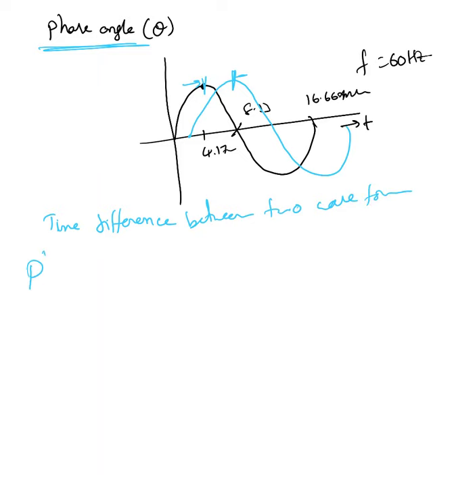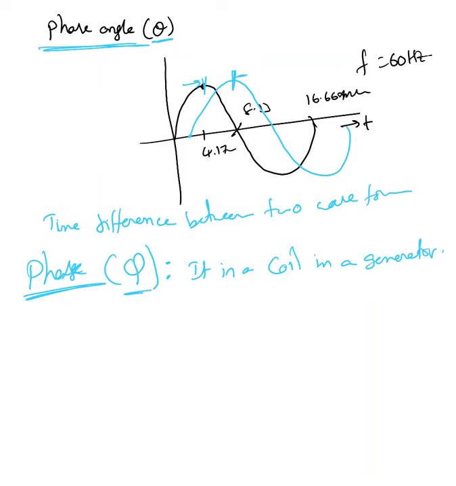That's phase angle. What is phase? Phase is usually represented with phi. Phase angle with theta, phase we represent with phi. Phase is nothing but, physically, a coil in a generator. So phase represents a coil. If you look at a three phase, which we usually use, we'll have three coils.